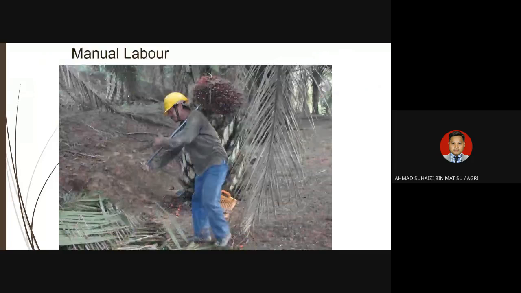And of course the weight of the fruits is around 20 to 30 kilogram on average. So it's quite heavy. At one time I had an experience, quite competitive with Indonesian workers, to lift up the fruits.